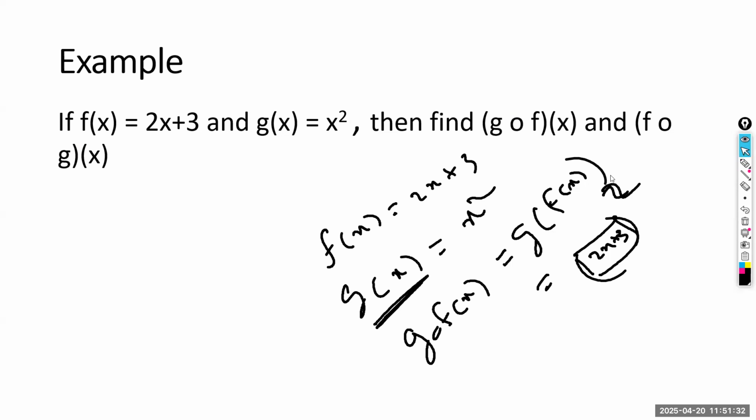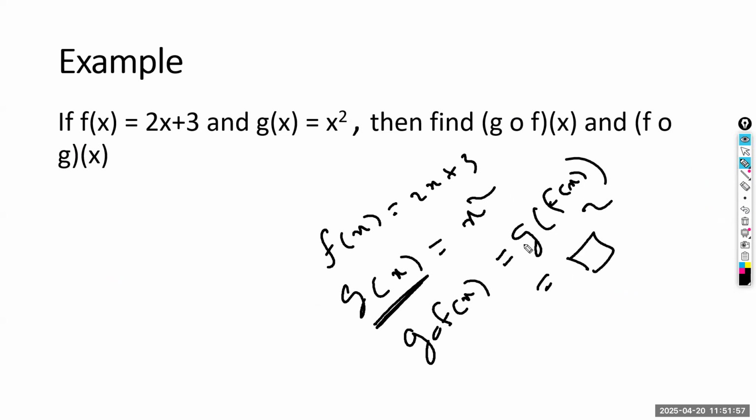Sir, I didn't understand. So you want to find g∘f(x). By definition, g∘f(x) is g of f(x). Okay, so what is g of x? Forget about g of f(x) for now. What is g of x? g of x is x squared.